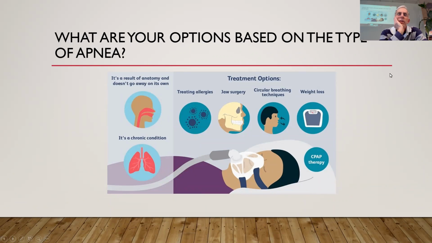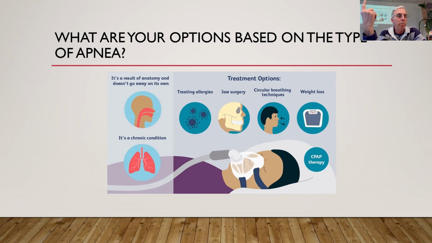It's a result partially of anatomy, partially of a mechanism from the brain to the muscles, and it's a chronic condition. Apnea tends to be a chronic condition.